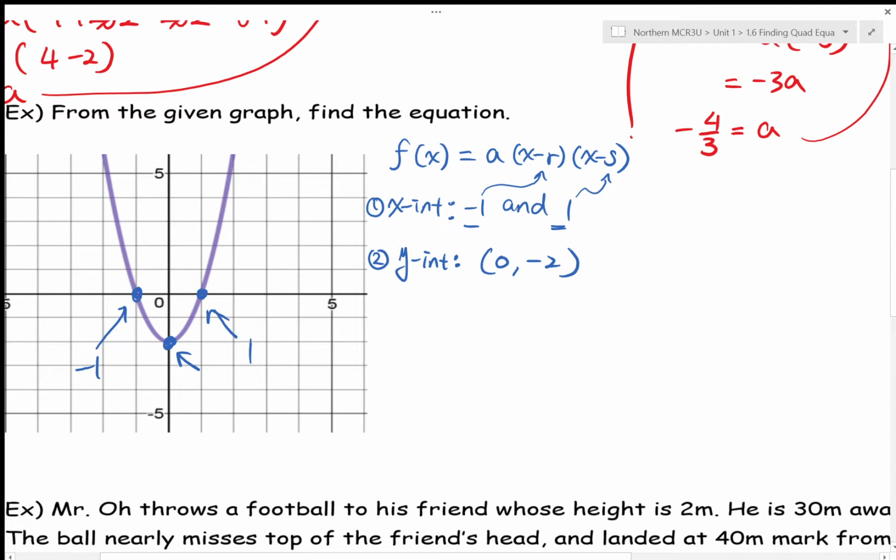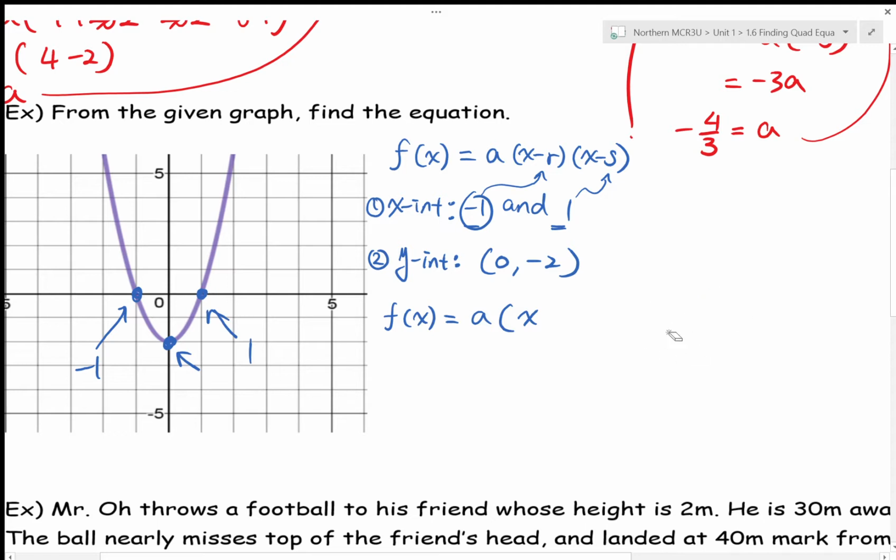The long way of doing it is basically f at x equals a, now x minus -1, which is this, and then x minus 1. This was the first x-intercept, this was the second x-intercept. So r and s basically mean the x-intercepts, but because of the negative sign right in front of each, it changes the signs to the opposite.